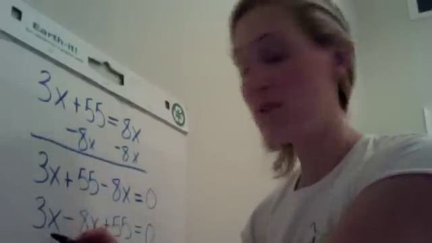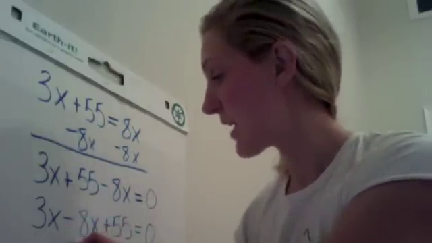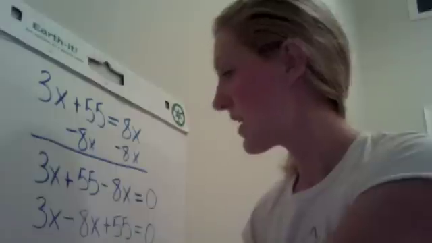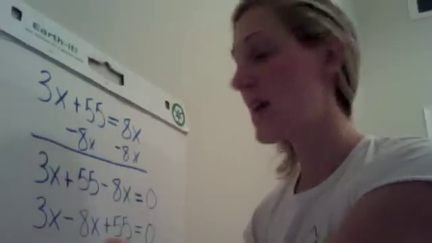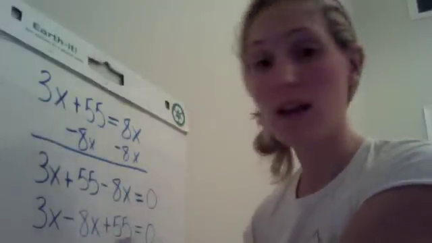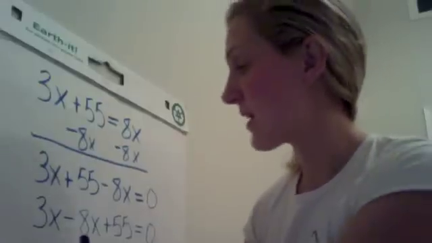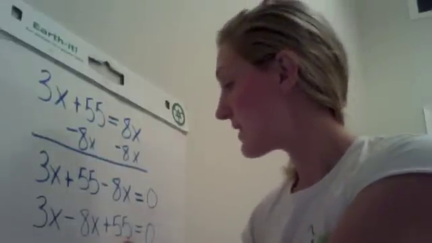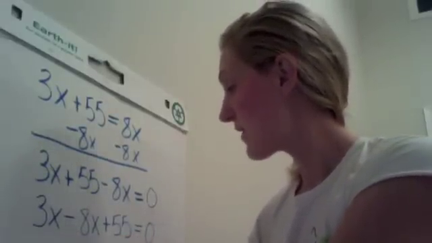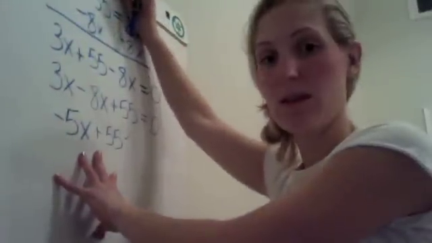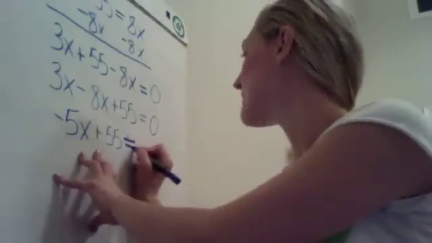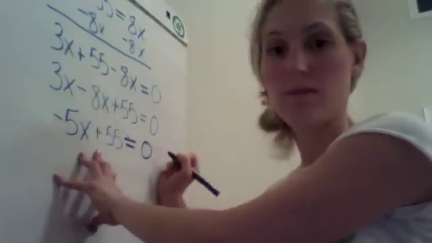When I combine my 3x and my negative 8x, I'm going to get 5x. Negative or positive? It should be negative, absolutely. Don't forget that negative sign, very important. Negative 5x plus 55 equals 0.